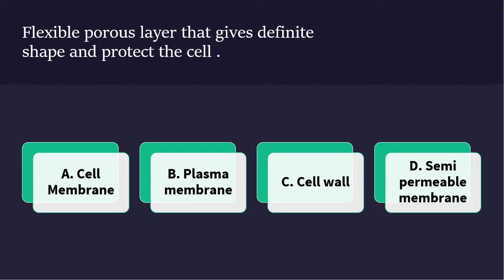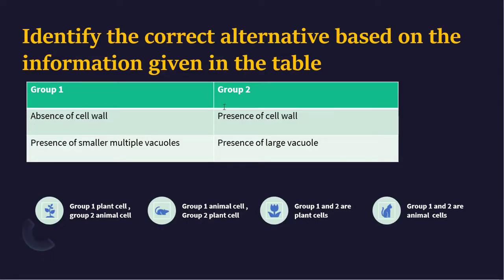Next question. Identify the correct alternative based on the information given in the table. Here group 1 and group 2 are given. In group 1: absence of cell wall, presence of smaller multiple vacuoles. In group 2: presence of cell wall, presence of large vacuole. We have to find the correct one. Group 1 plant cell, group 2 animal cell.